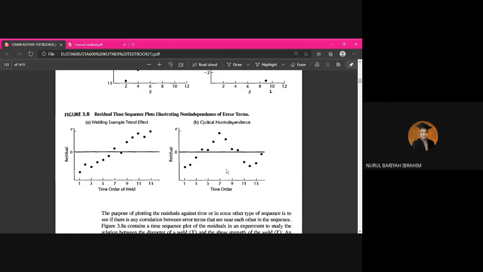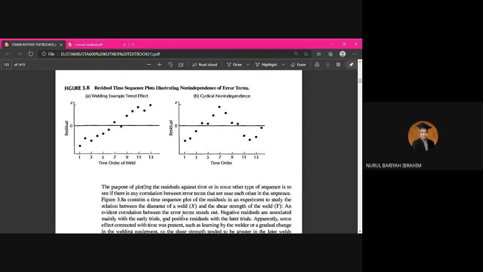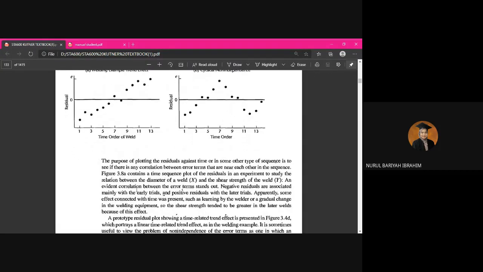Also we can plot the residual versus time, the time order, for independence. If we get a pattern like this, then the residual is not independent.